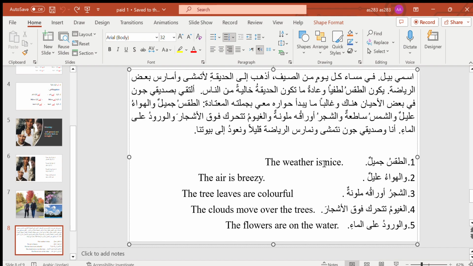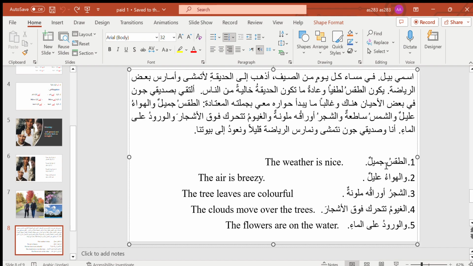Here we have the weather as the subject, is as verb to be, and nice as the adjective. So we have verb to be here, is, but in Arabic we don't have verb to be when it is an informative sentence. We just need to inform something about someone or about something. So الطقس, what about the weather? The weather is nice, so there's no need for is here.